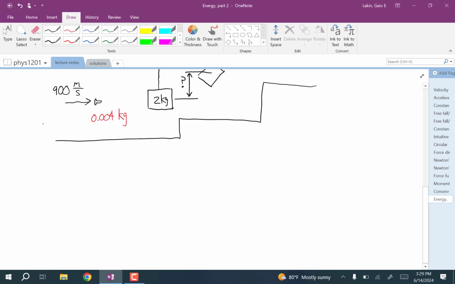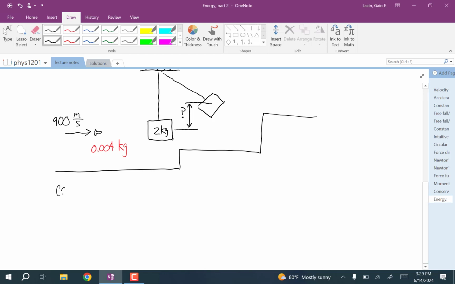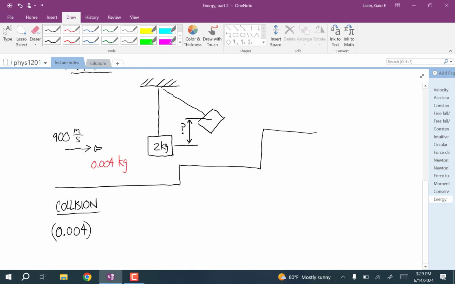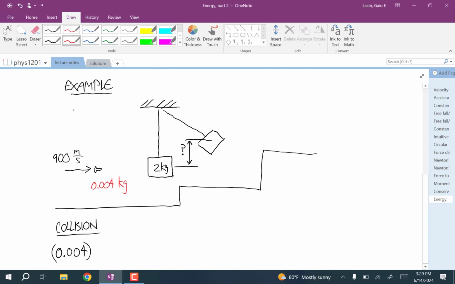Okay, so I'm going to start with the collision. And for the collision, we're going to use something related to momentum. In this case, we're going to use conservation of momentum. So before the collision, we have a mass of 0.004 times, well, notice for this, you always need to have a positive direction.